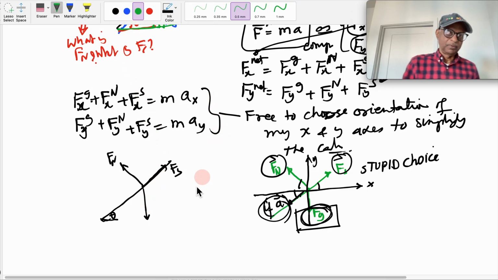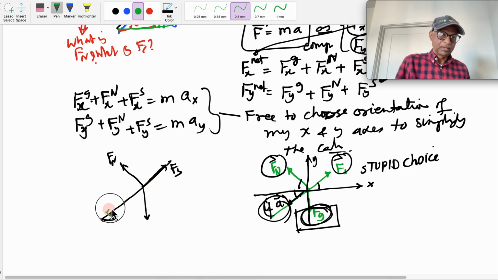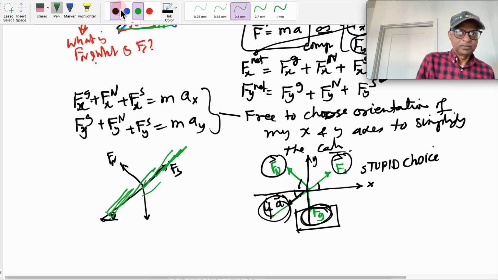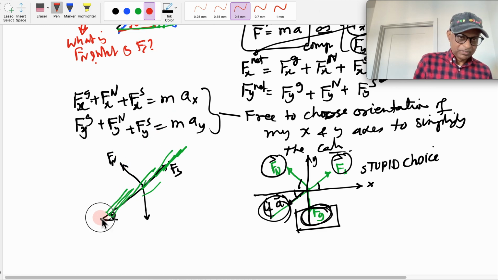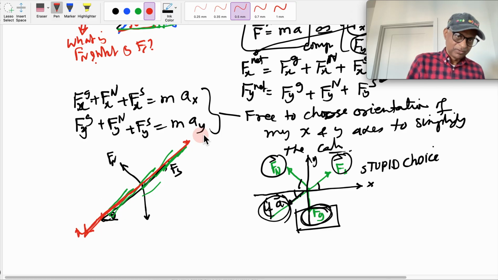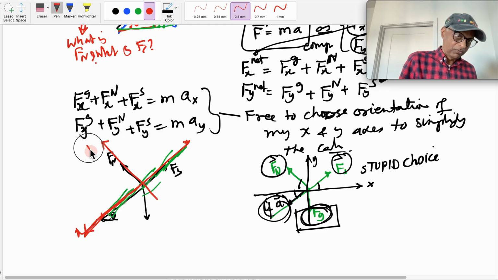So what if we said, okay, going down the incline will be my x-axis, and this will be my y-axis. This is a very, very bad drawing. All they have to be is 90 degrees.